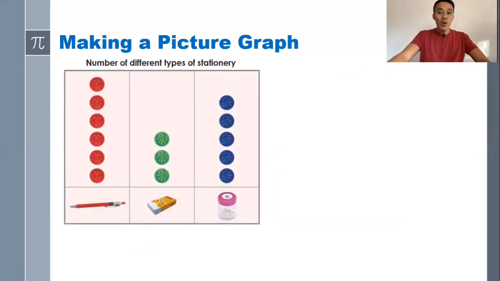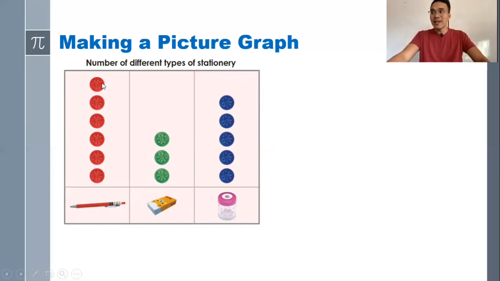But before we answer questions, let's put the number first on top of each stationery. What did I mean by that? What I meant is, let's count the number of pens or the number of red chips and put the number on top so that we won't forget the number. That's our purpose.